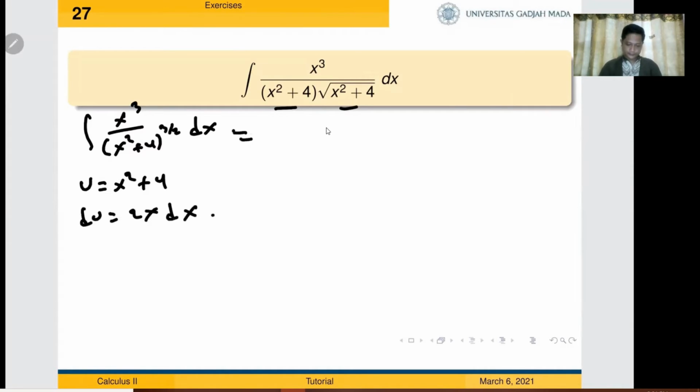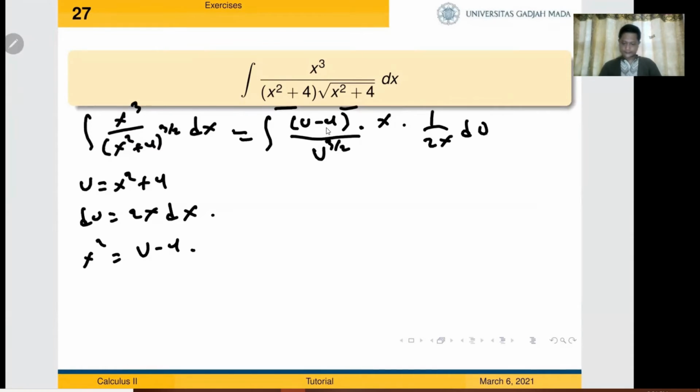So we try to write everything. x squared is u minus 4, but I have 1 x left. Here we have u to the 3 over 2, and my dx is 1 over 2x du, right?